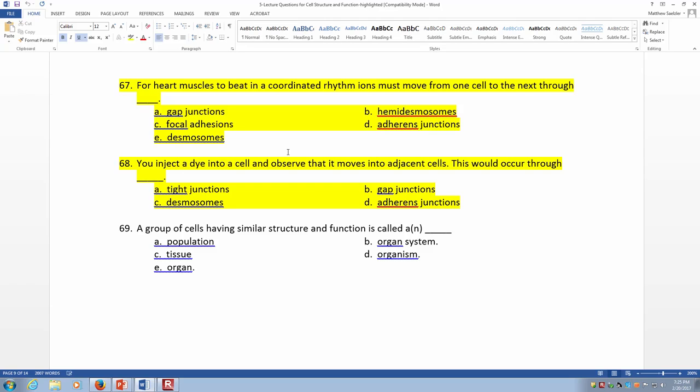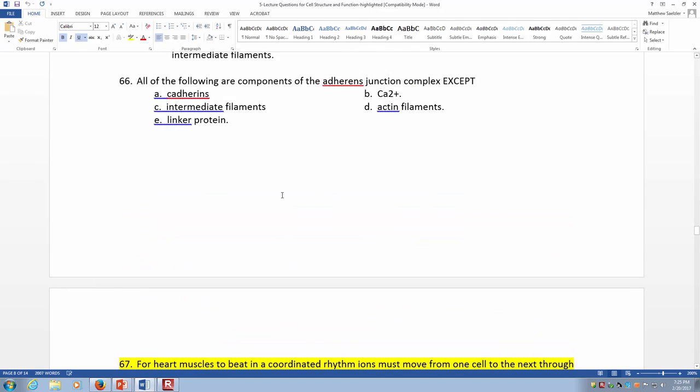So that's a way that 2 cells can directly signal between each other. And so the dye is small enough to move through those channels, and so it goes from one cell to the next. Okay, do you guys see other questions that you want me to go through?